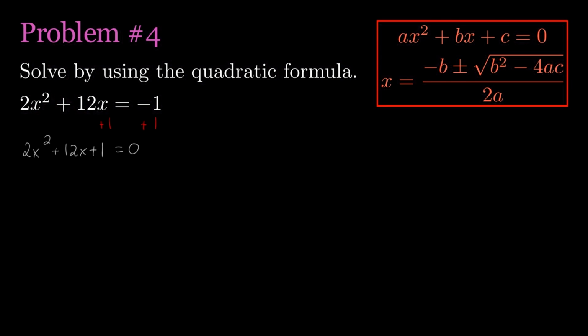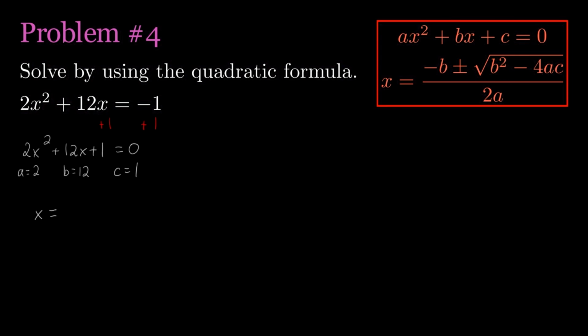And we identify our coefficients a, b, and c. All of these are positive in here, so it's an easier case. A is 2, b is 12, and c is 1. Now we just plug it into the formula.